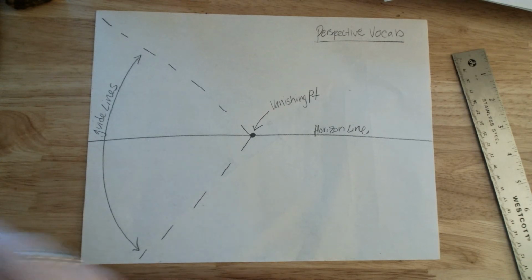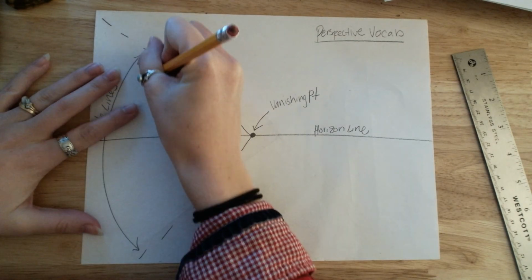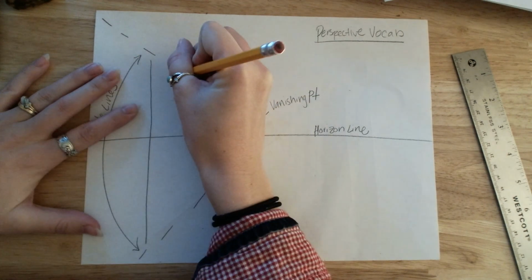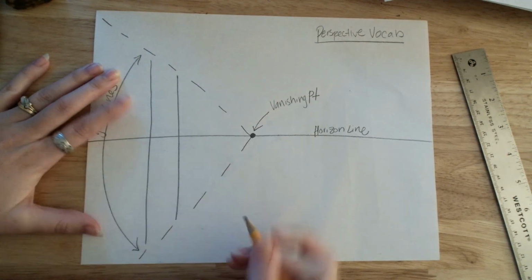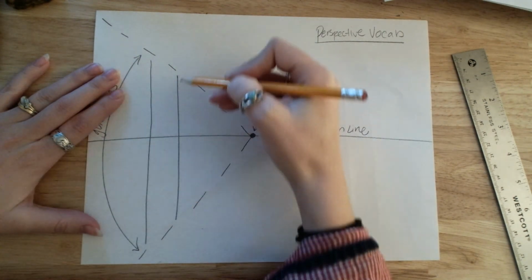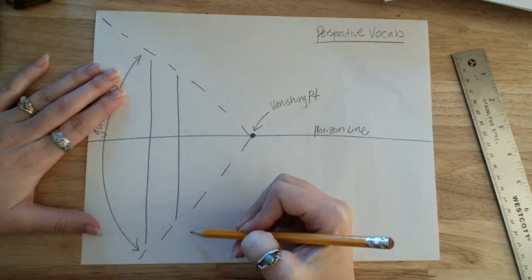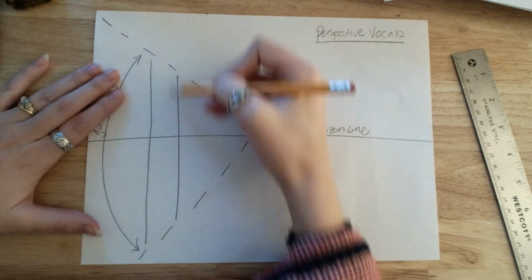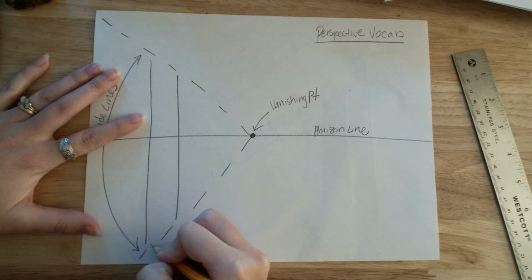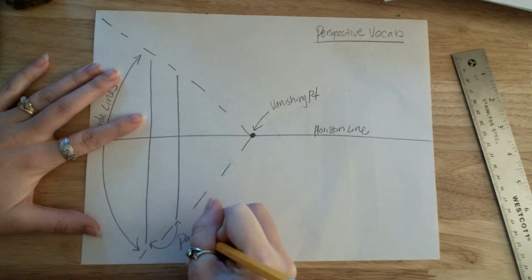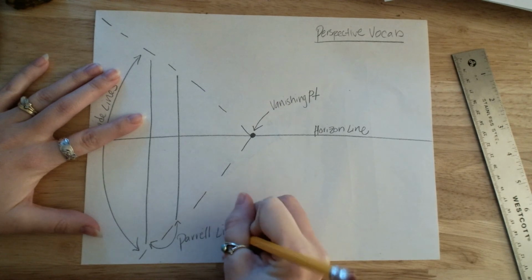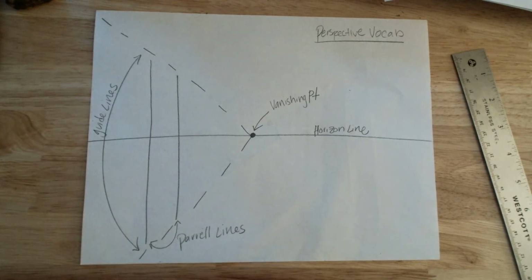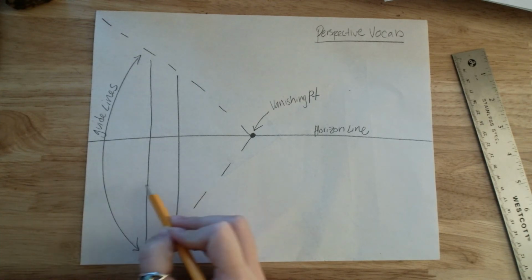The next thing we're going to draw are some nice straight vertical lines inside of those guidelines. We're going to make them be the height based off of where the guidelines go, and they're going to try to be nice and straight vertically. We can draw another arrow pointing at both of them and label those parallel lines. The lines that we create when we're going up and down or side to side, these just happen to be vertical.